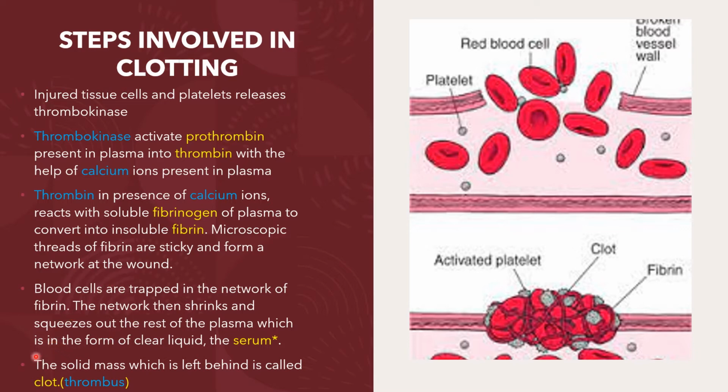This fibrin with the blood cells is removed, and the remaining part is serum. Blood cells plus fibrin, we call a clot. The technical term for clot is thrombus. Very important for examination.